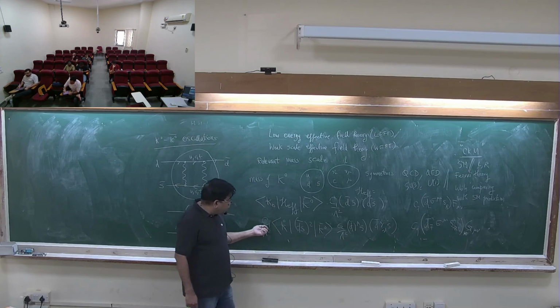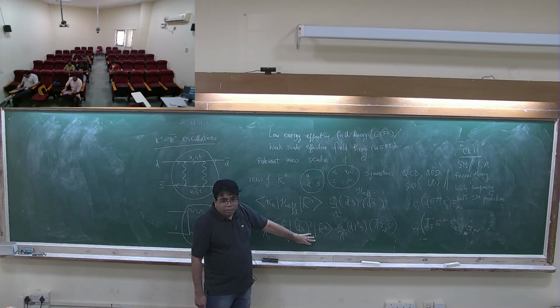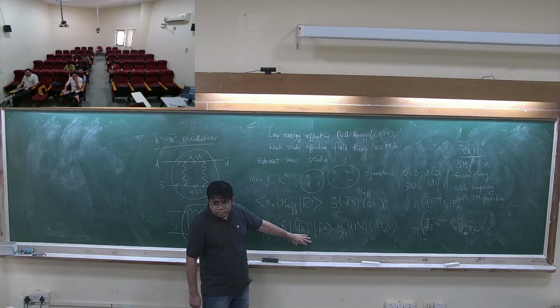But I already know the short distance effect from C1. If I know the short distance effect in the standard model, I can calculate it. I know the value of C1, so I know all the kinematic factors and everything. What I don't know is just the overall factor, which is F_K. So this I will take from lattice.